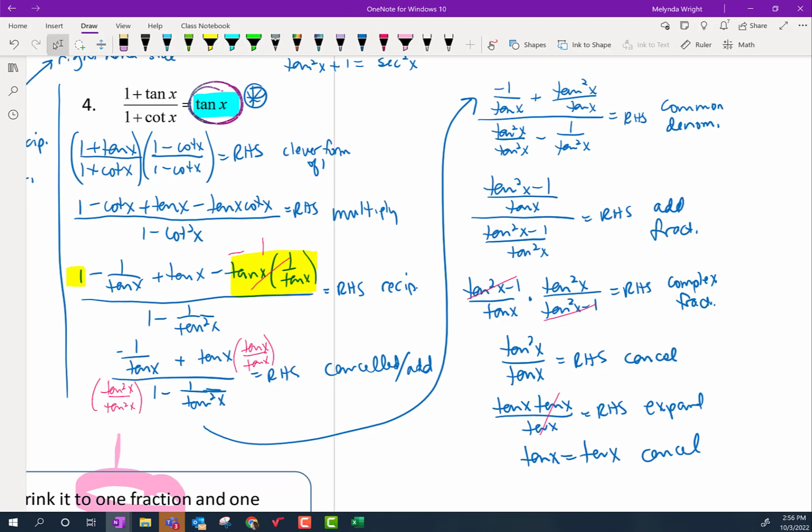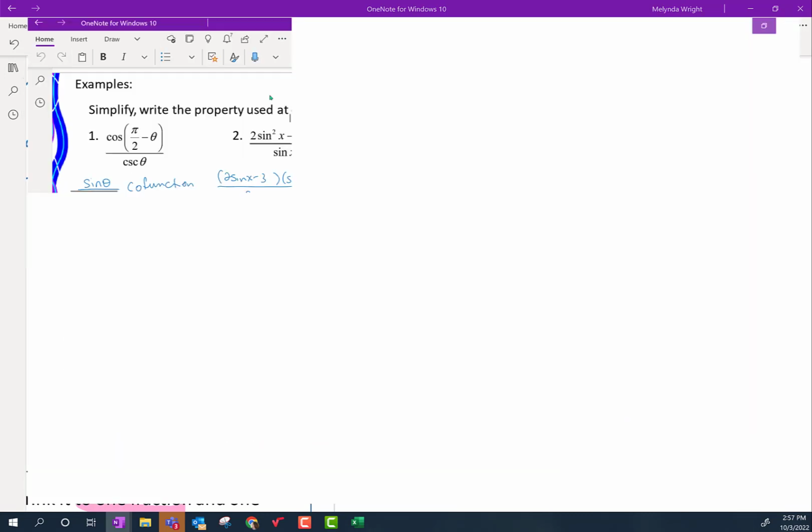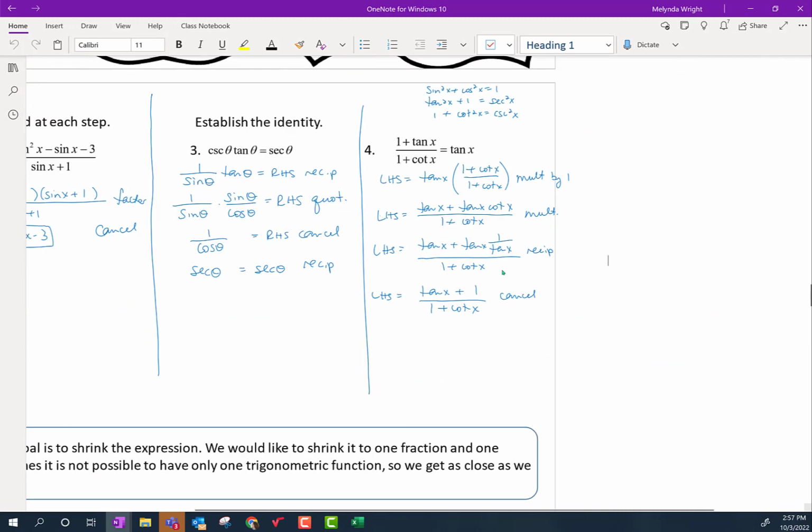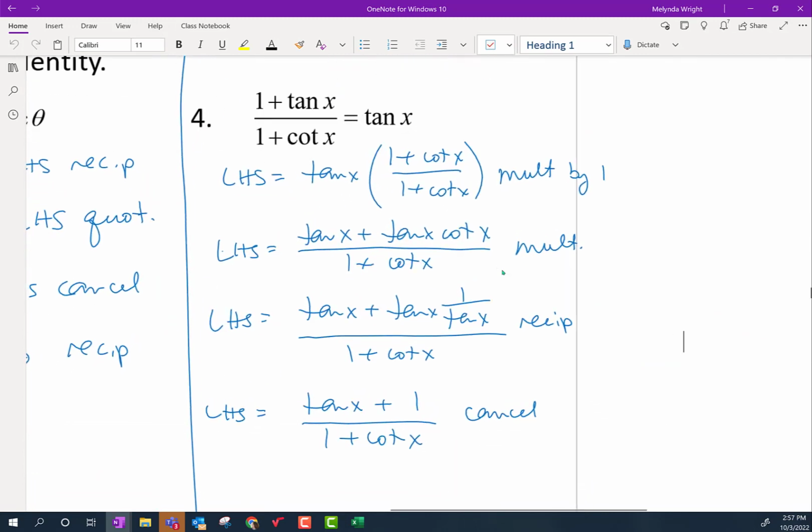Now, I want to show you this same proof that I did by working on the right side instead of the left side. Just so that you can see, you're still going to get to the same place, depending on what you do. So let me pull this over and show you. This way I did it, there were 4 steps instead of 10.